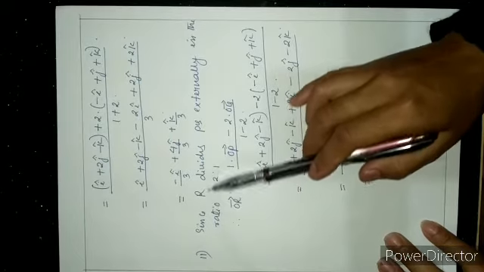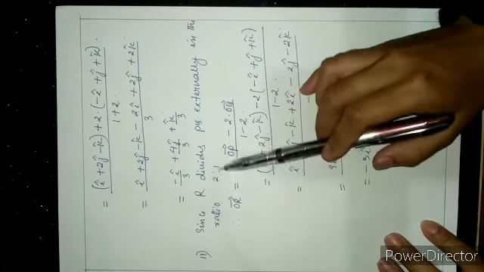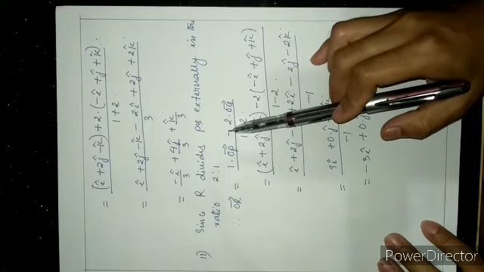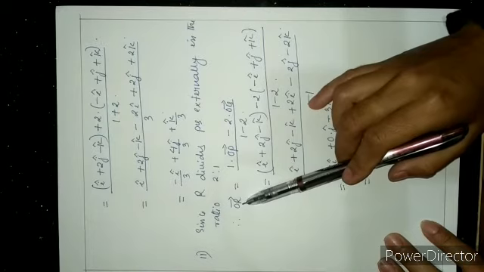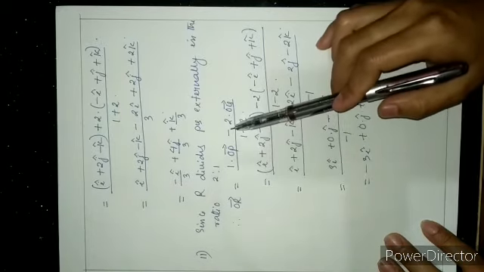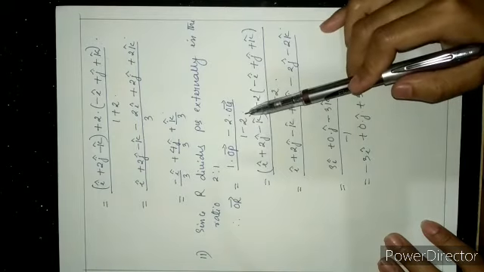Roman numeral 2. Since R divides PQ externally in the ratio 2:1, externally the plus sign becomes a minus sign, and so the position vector OR is given by 1 dot OP vector minus 2 dot OQ vector divided by 1 minus 2.